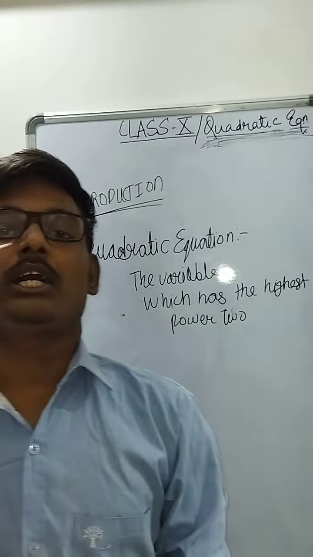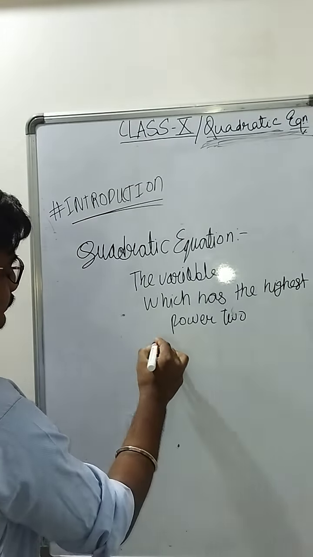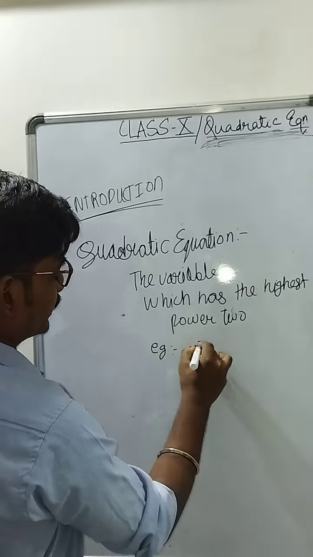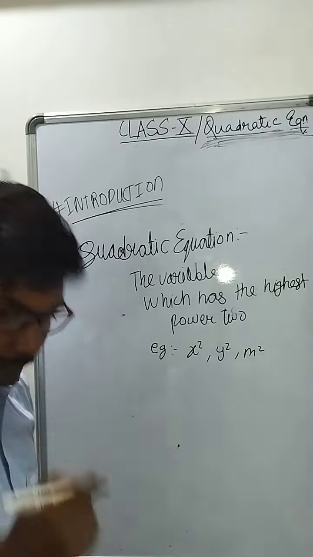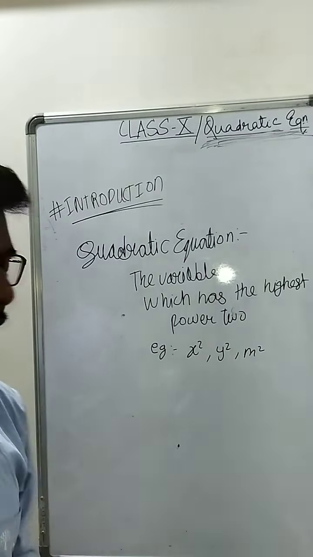The variable which has the highest power 2 is known as the quadratic equation. For example, x square, y square, m square. So this is the example of a quadratic equation.